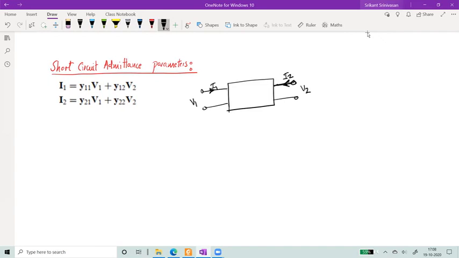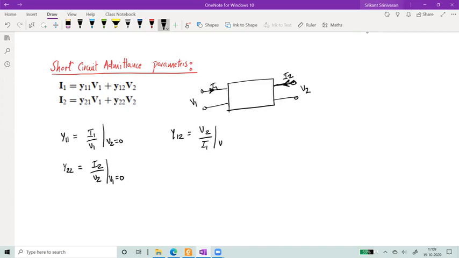I would have to say that Y11 is equal to I1 over V1 when V2 is equal to 0, and Y22 similarly is I2 over V2 when V1 is equal to 0. What about Y12? That's V2 over I1, and you get the idea, right? It's a very symmetric structure.